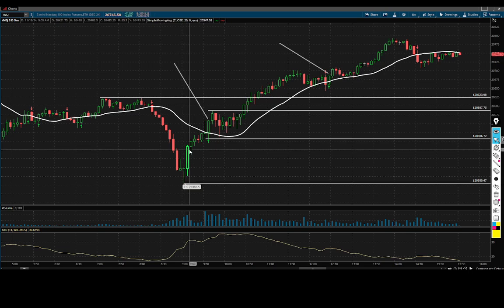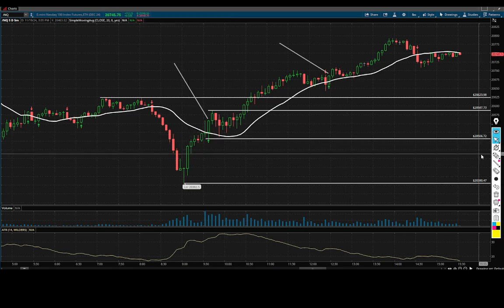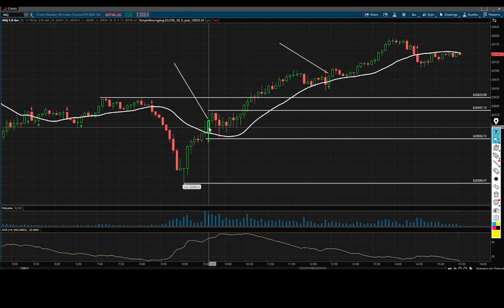Now, the next setup that we need to look at here is this 20 SMA, okay? So with this 20 SMA setup here, we get back over the 20 SMA, and that time, let me get this off the chart, that time was 5 minutes off the bell. So 9:35, we get a close back over the 20 SMA. Now, here's why this potential trade is about a B plus setup, okay, with potential, because I can do one of two things.